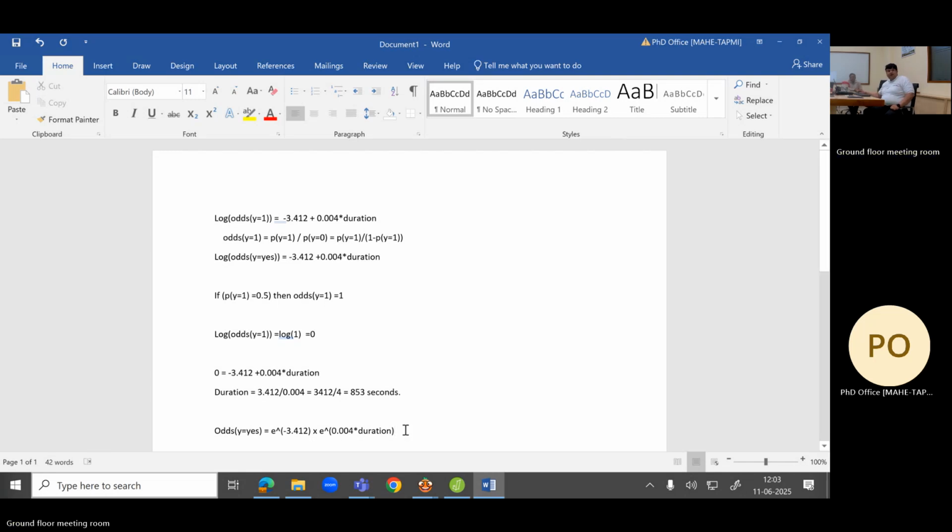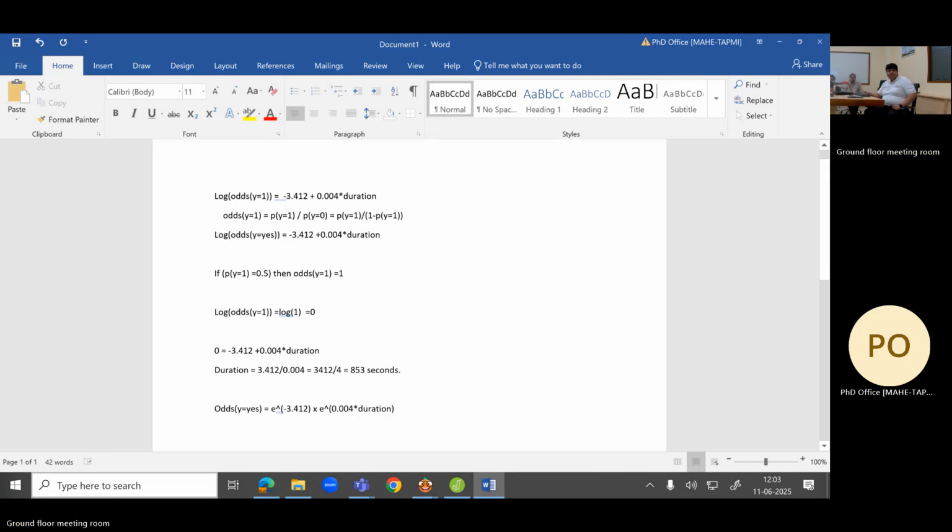Now this particular expression which you see, e to the power of, if I simplify this further, I'll keep e to the power of minus 3.412 as it is, and then this multiplication.